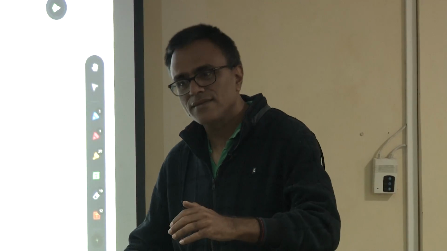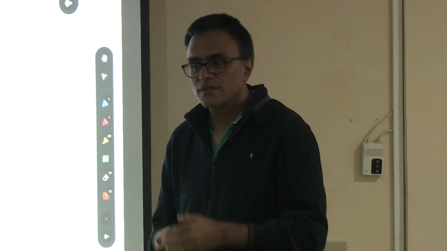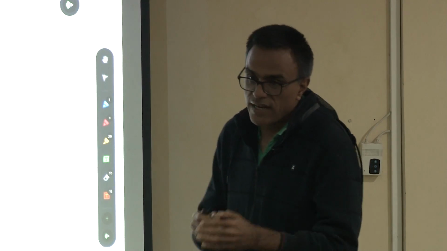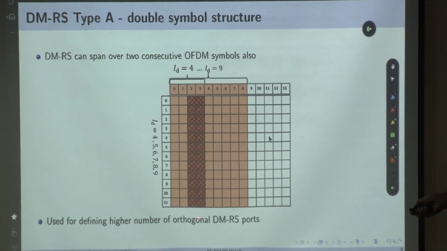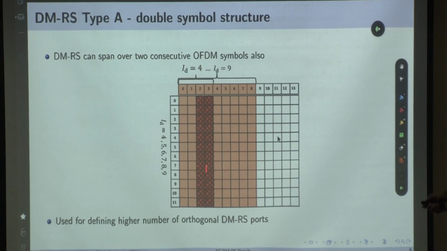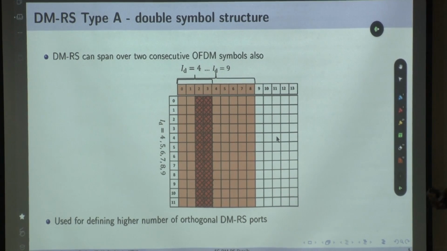So as the number of ports increases, the number of resources required for defining DMRS increases. The second symbol accounts for that, so that instead of 12 resource elements, you have 24 resource elements to define a DMRS which will contain a larger number of ports.